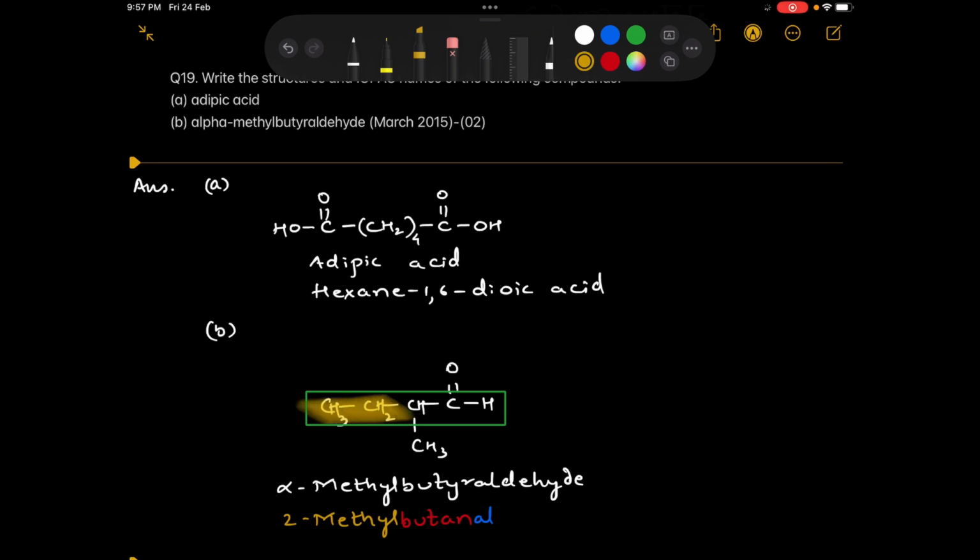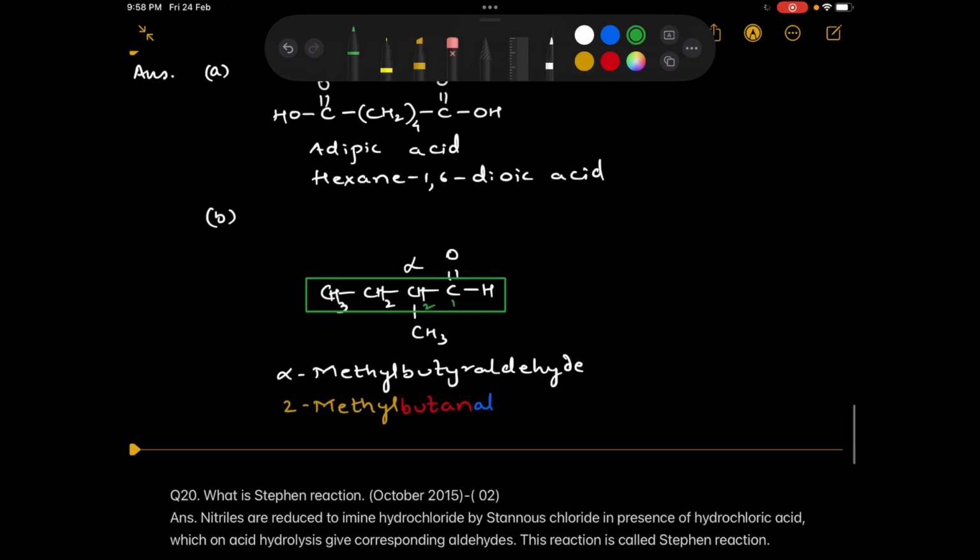So for this, butyr means 4 carbons, aldehyde, so the terminal is an aldehydic group, and alpha is the carbon which is bonded to the functional group carbon. This is the functional group carbon. So this carbon is called the alpha carbon atom. If we give the numbering, the alpha carbon gets a number 2 over here. So the name of the compound is going to be 2-methylbutanal.